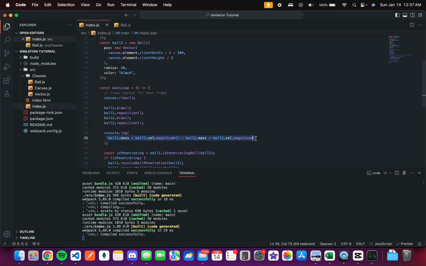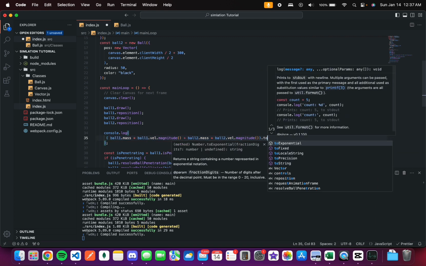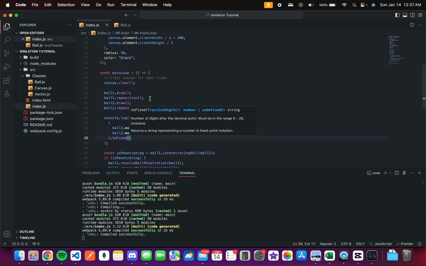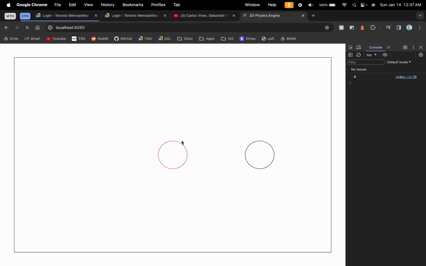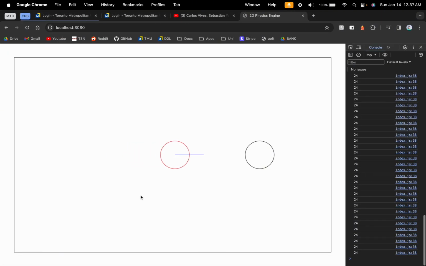And let's just put this as a fixed number so that there's not too many decimal places. Also, we need to go onto the ball and set the friction to 0 just so we can make it a bit more visible. So as you can see, it shows the total mass times velocity of the system.